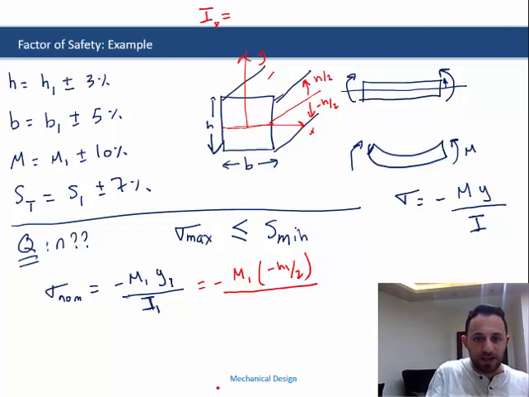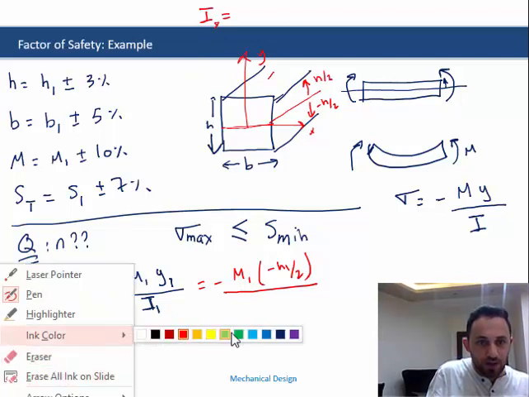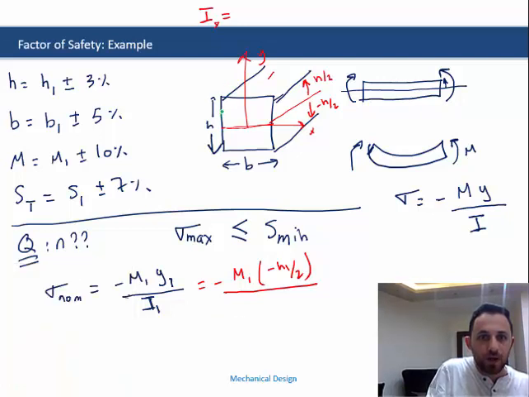We can take a small area, a very small area of thickness dy in the y direction. So this area dA is multiplied by the distance squared, y squared.